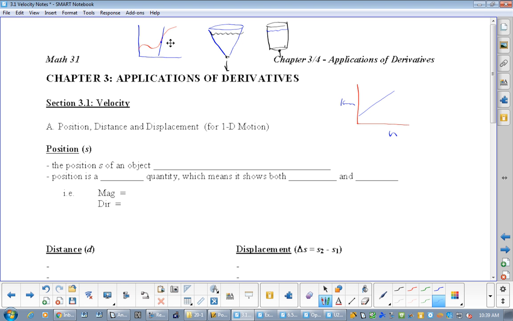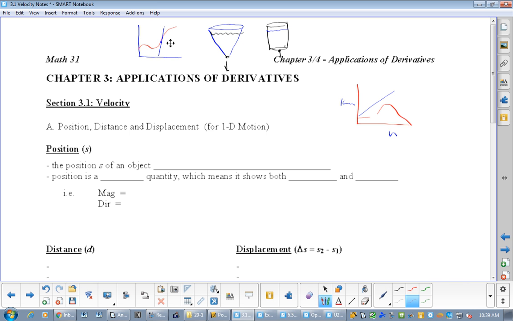You're like, hey, slope is speed. Now, where does this happen? Where do you actually have that? This might be something we need to be talking about. And what does that mean? So we're going to address that starting today.